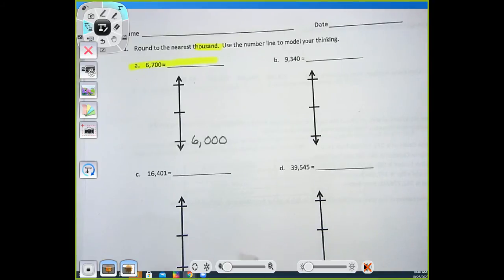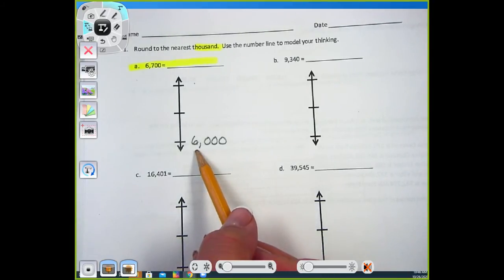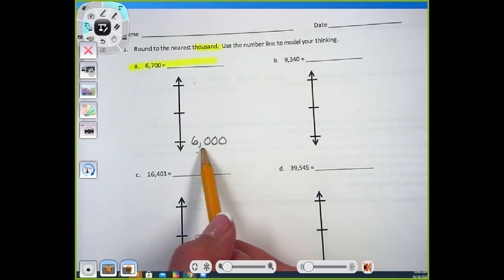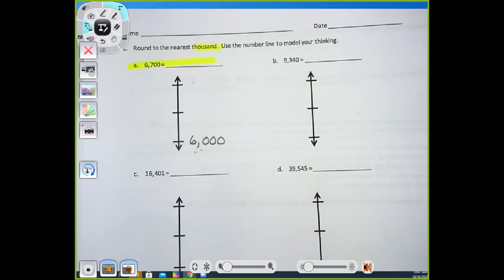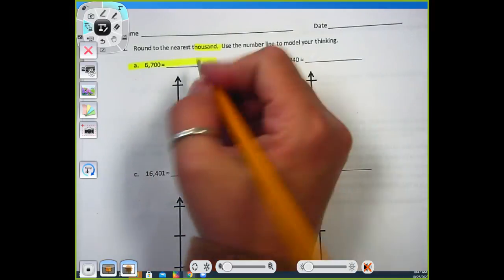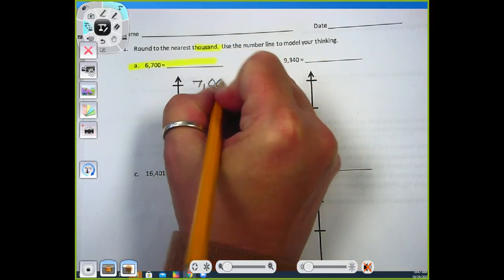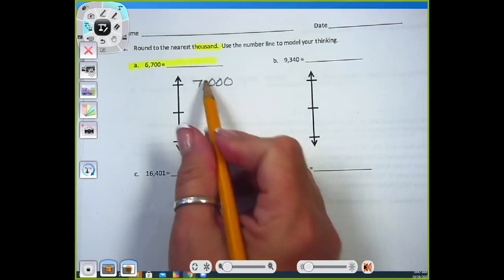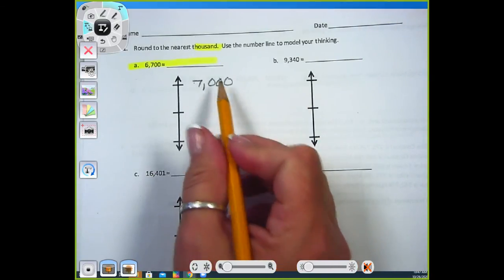Okay, what is 1,000 more than 6,000? Ethan? 7,000. Perfect. So we're going to put our 7,000 at the top. What is halfway in between 6,000 and 7,000?